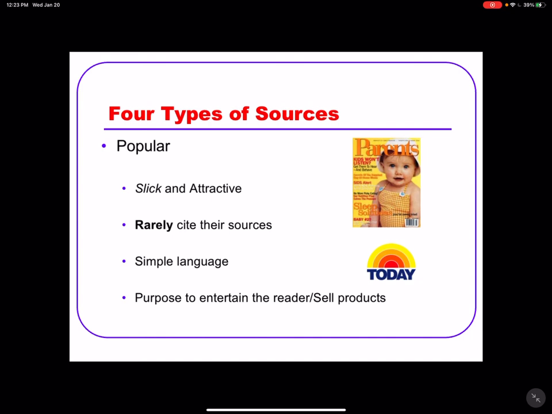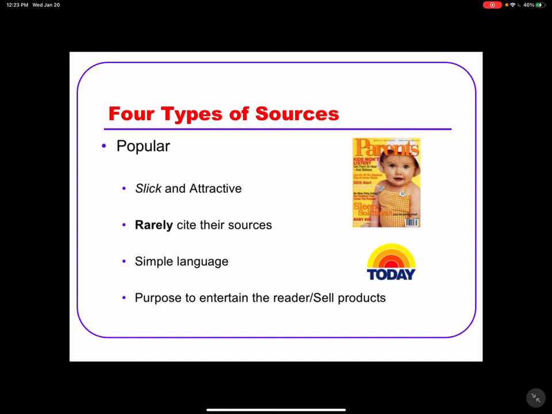They're not to make sure that everybody's an excellent parent or to give the best information. They put things very, very simply, but they're very pretty. They're slick and attractive, but they don't give us much evidence. They might cite one person, but they wouldn't cite a body of research. So examples of those were Parents Magazine or the Today Show.